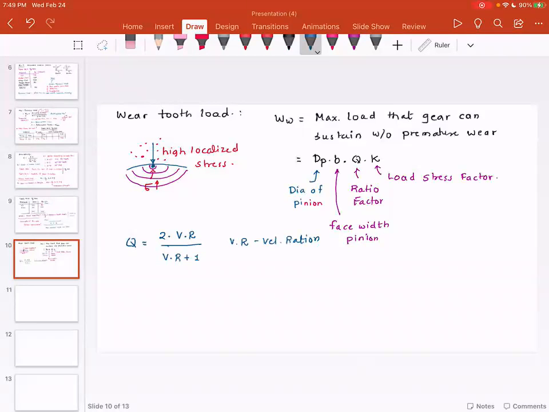And this equation is for external gears. Now, if you have an internal gear, then same equation, only the denominator changes: 2 times velocity ratio divided by velocity ratio minus 1 for internal gears.